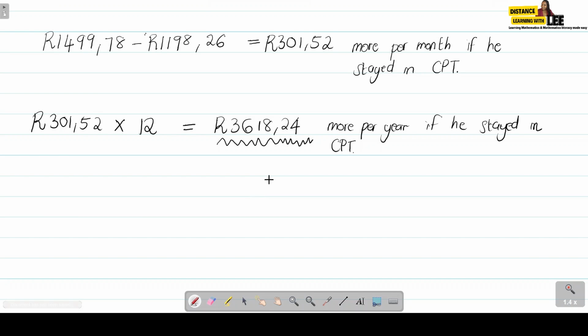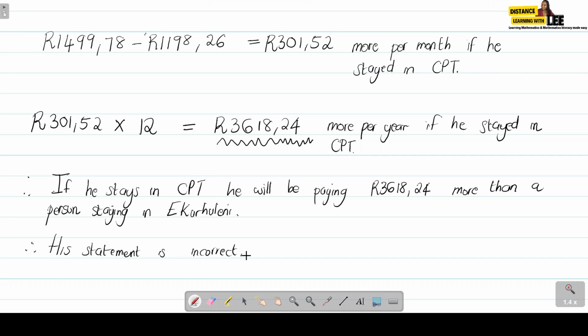So you've got 18 rand and 24 cents more than what he actually said, right? So from there we can conclude that if he stays in Cape Town, he will be paying 3,618 rand 24 cents more than a person staying in Ekurhuleni. Therefore, we can conclude that his statement is incorrect, right?